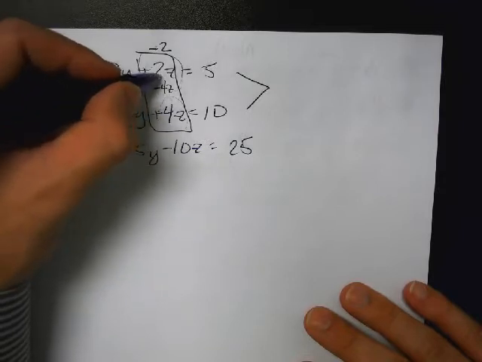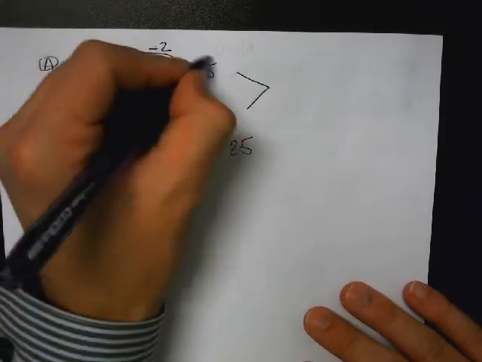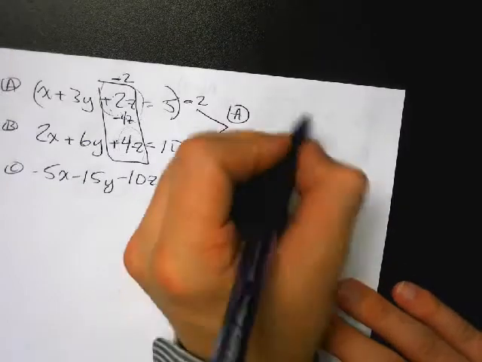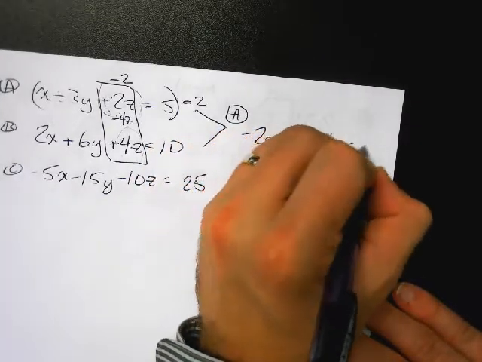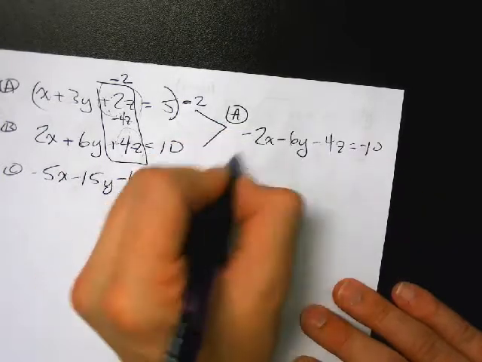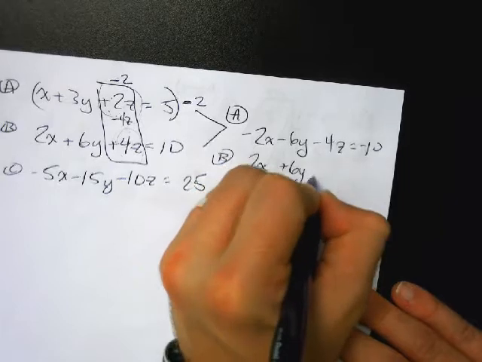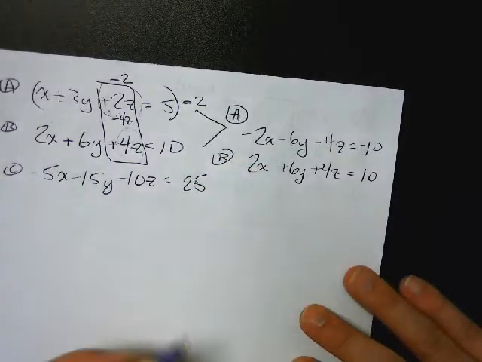So I need to multiply this whole equation by negative 2. So my A equation will be negative 2x minus 6y minus 4z is negative 10. My B equation will stay the same, 2x plus 6y plus 4z equals 10.